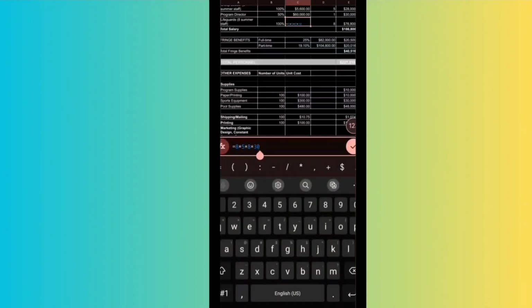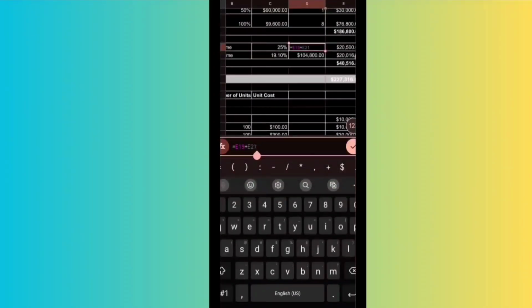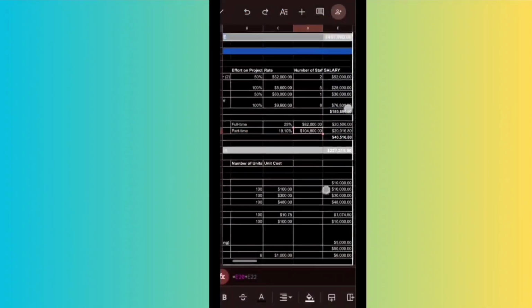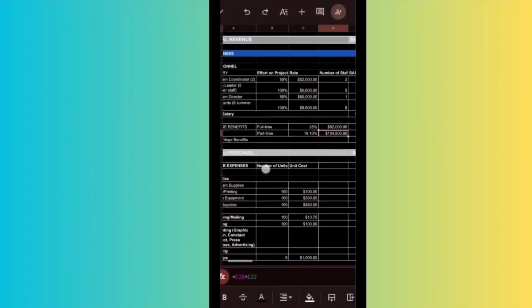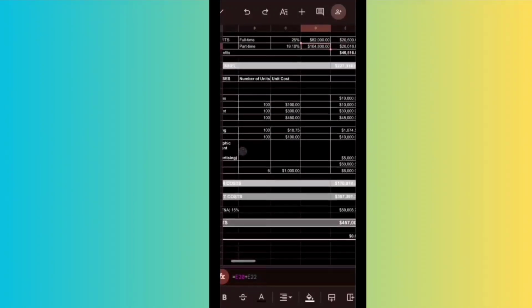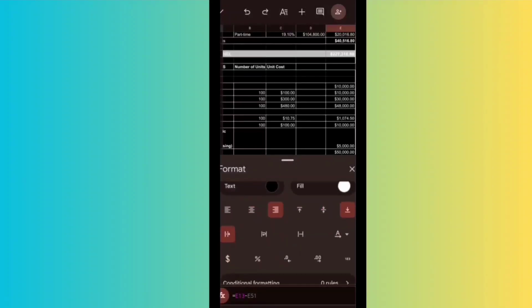Now we're verifying the fringe rate formulas. And we're going to get rid of the decimals on the profit loss. And we got rid of the decimals everywhere.